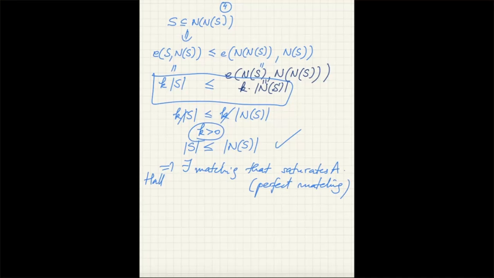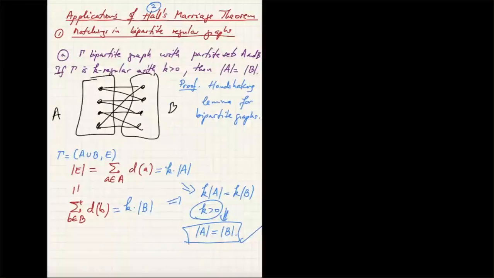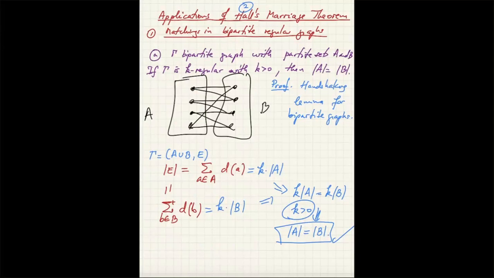Okay. All right. So in bipartite regular graphs of positive valency, we always have a perfect matching. Okay. So that's one application.